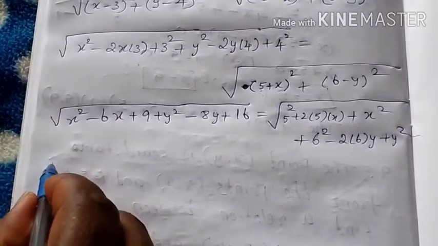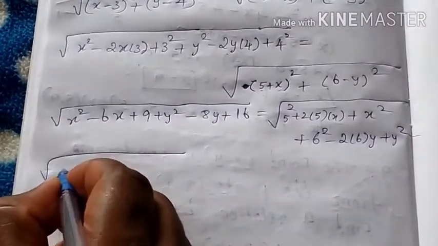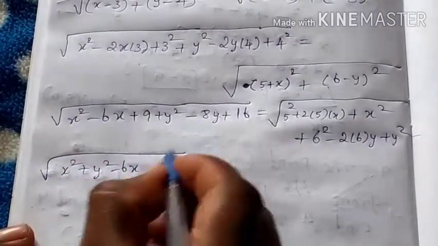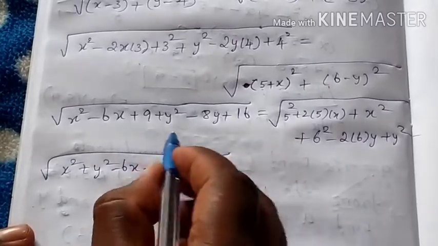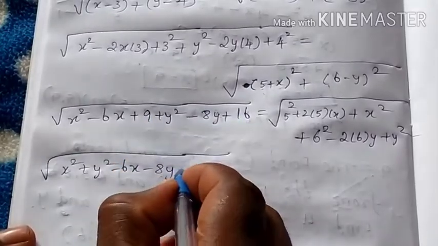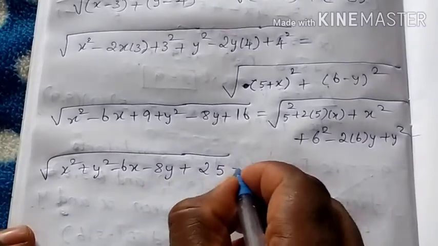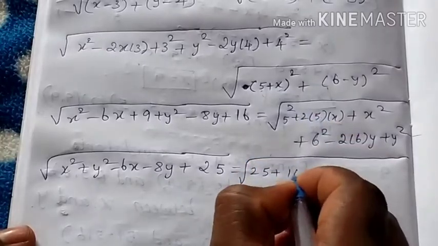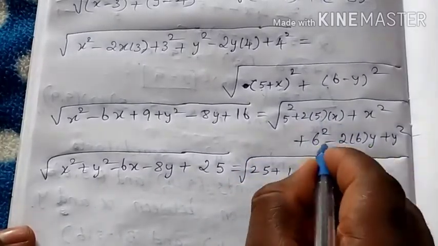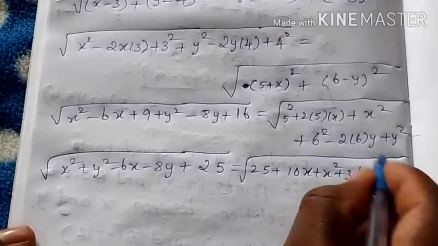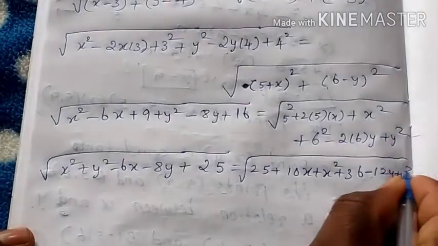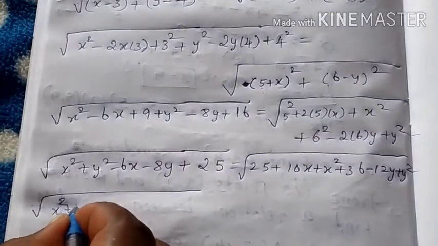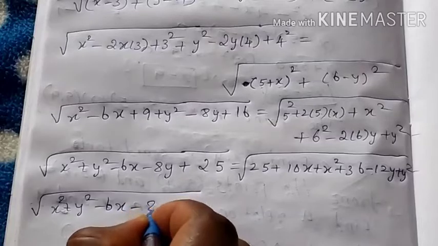The square root of x square plus y square minus 6x minus 8y, plus 9 plus 16, totally 25. This is equal to the square root of x square plus 10x plus 25 plus y square minus 12y plus 36. The same manner, x square plus y square minus 6x minus 8y plus 25.